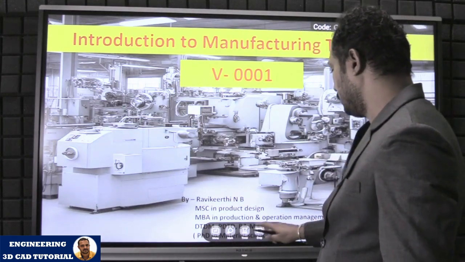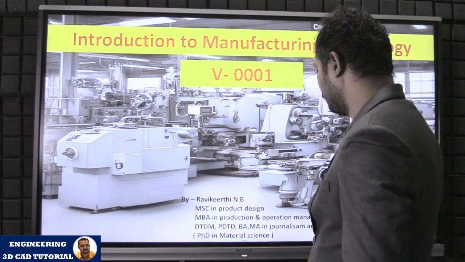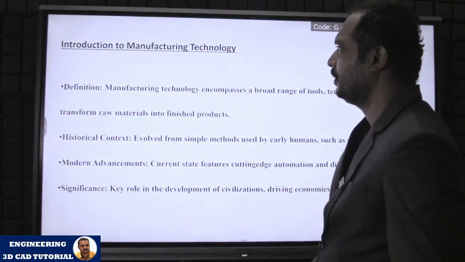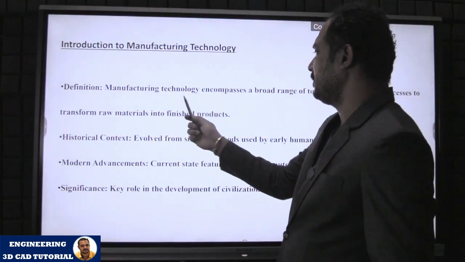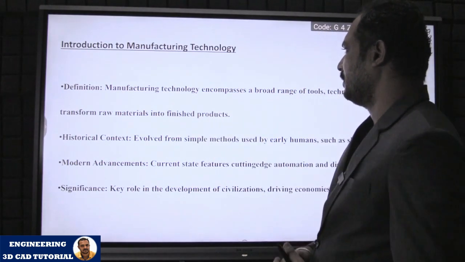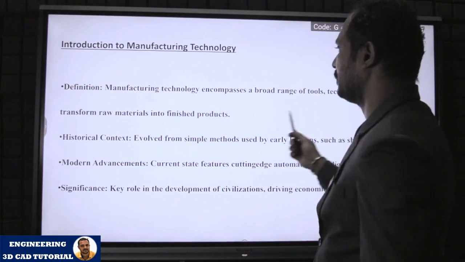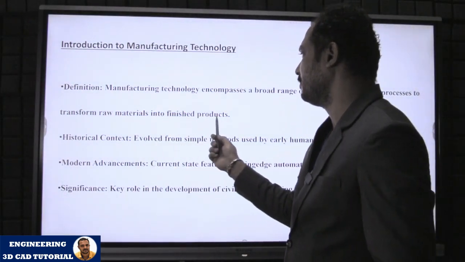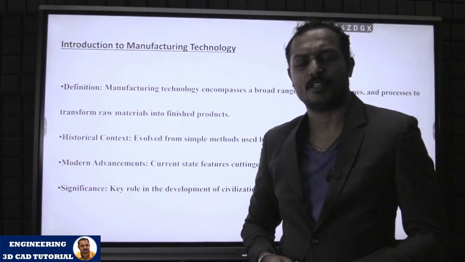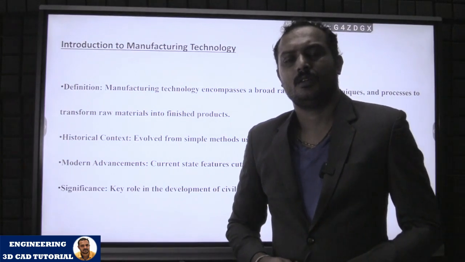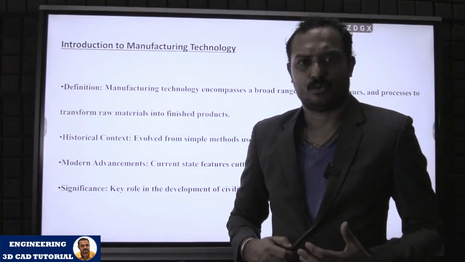So moving forward, manufacturing technology encompasses a broad range of tools, techniques and processes to transform raw materials into finished products. As I told earlier, you are using so many tools.